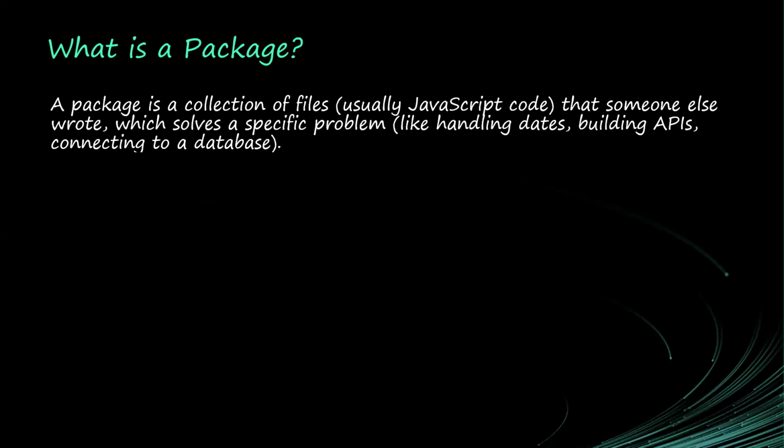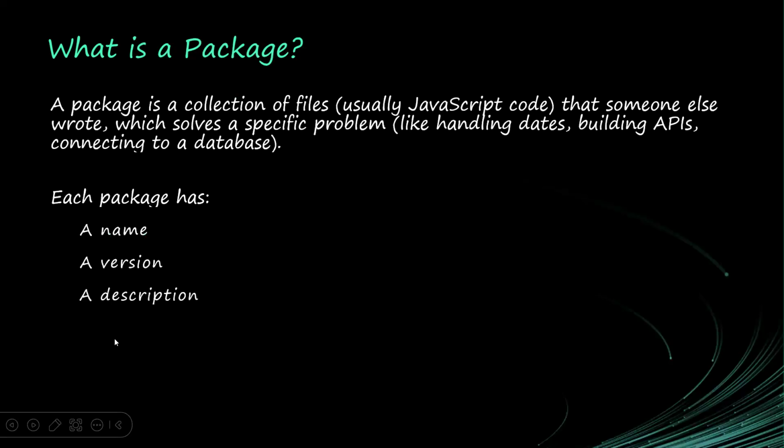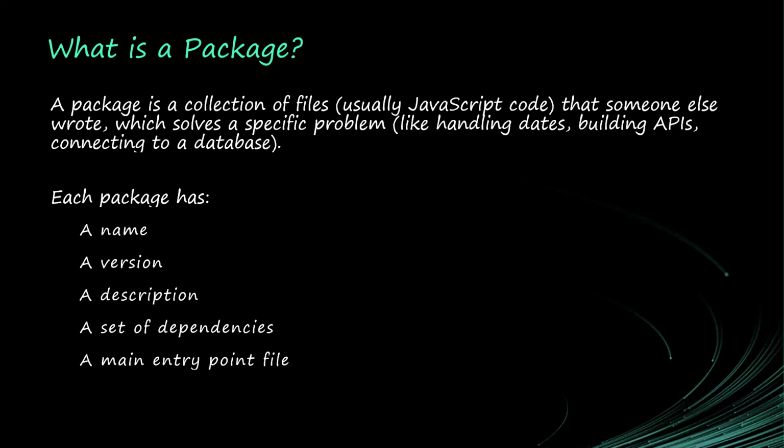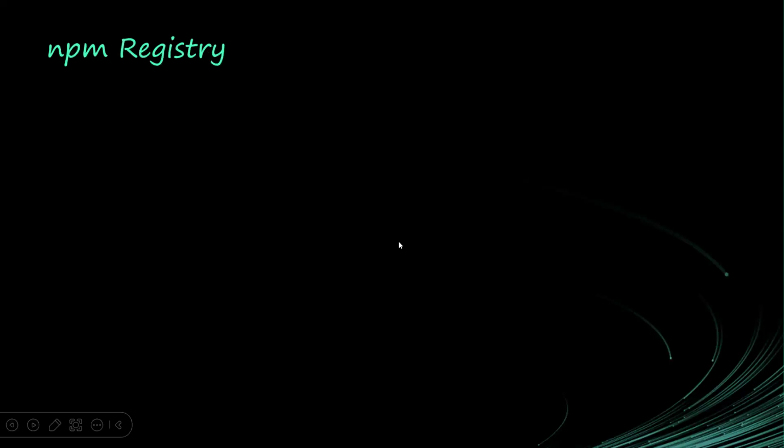Do you understand? You can create these things and other developers can use them. Each package has a name, a version, a description, and a set of dependencies. But we'll be talking about this later in the program. Also a main entry point file. We will not be creating it right now.